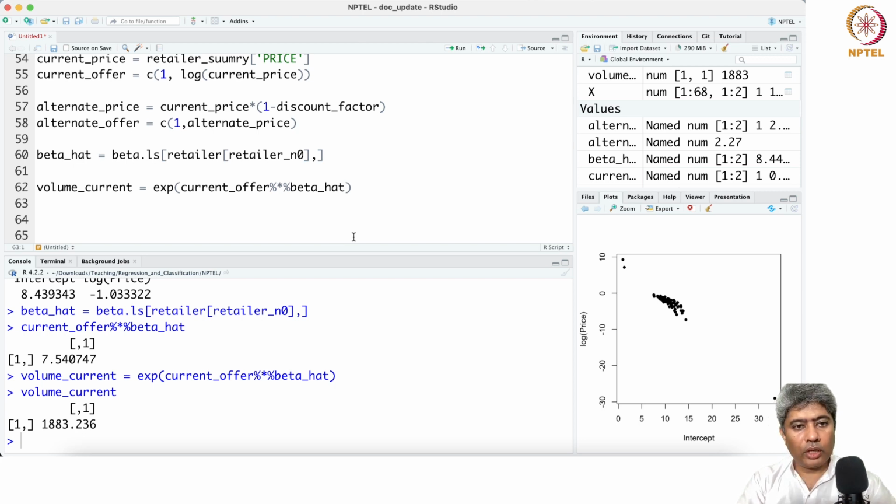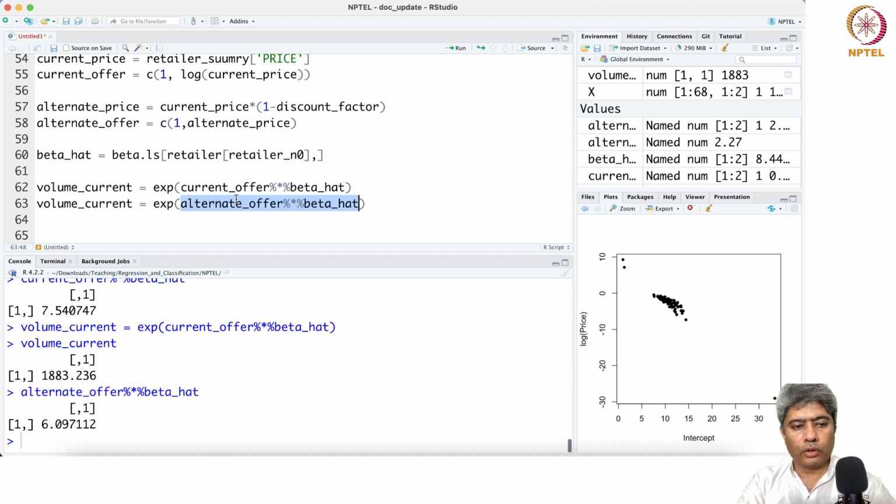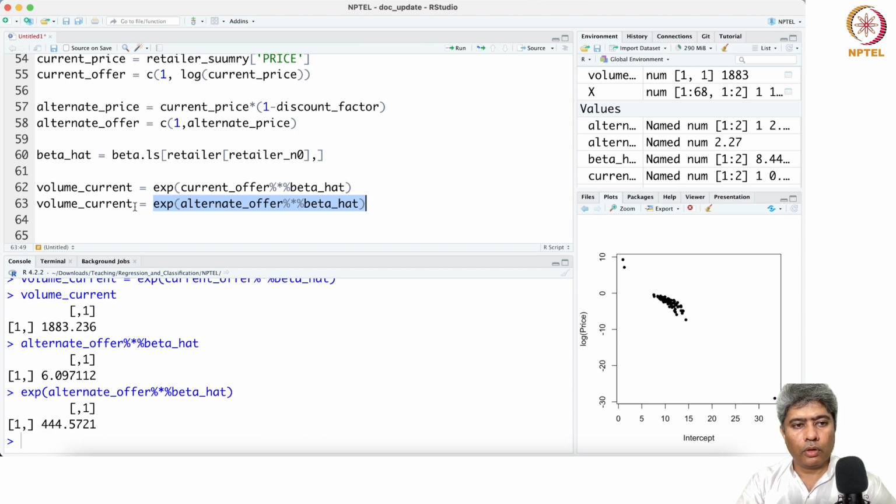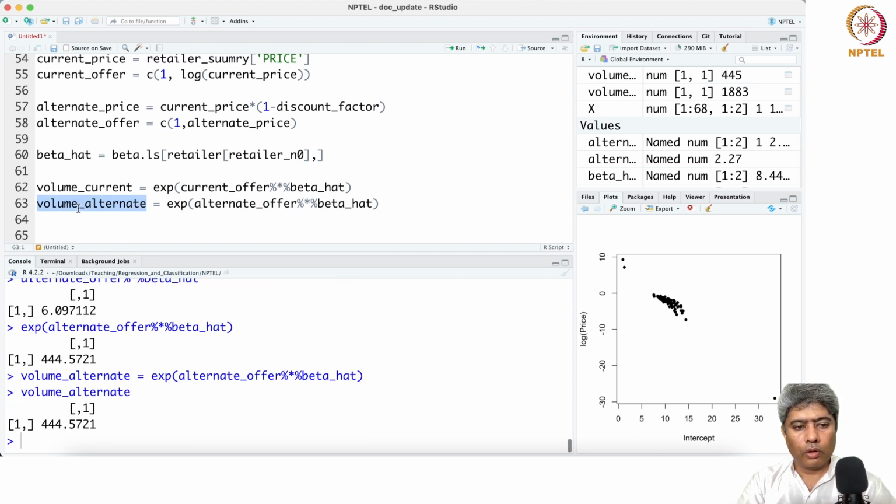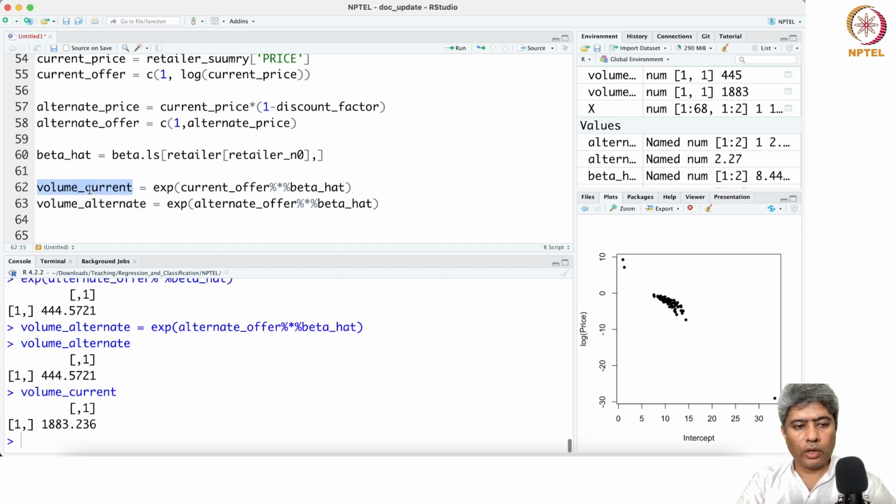Now similarly I can also make prediction for the alternate offer. So alternate offer, okay. So this is my current offer, this is my alternate offer.